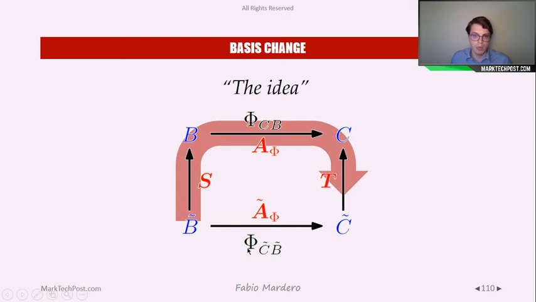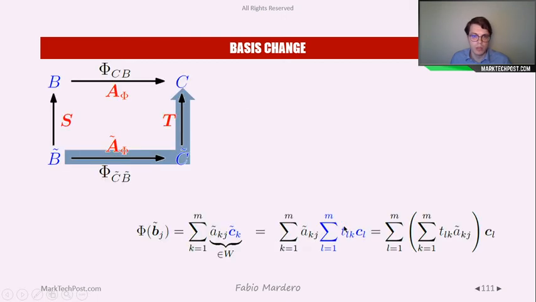Okay, but we can go around this function. We can take the vector space with respect to B tilde, change the basis and go to B, then apply our transformation matrix, which brings us to C, and then from C, somehow, go back to C tilde. So let's start with one way.